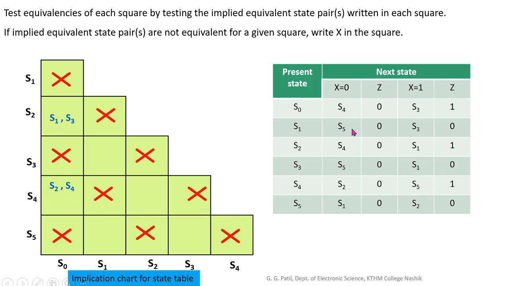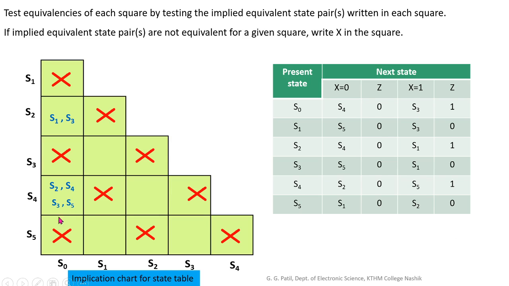It is here. Again, under input x equals 1, let us check the next states for S0 and S4. They are S3 and S5. So this is another implied state pair. So enter it here again, S3 and S5.